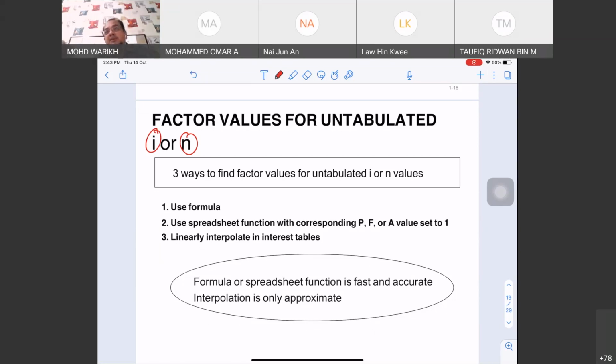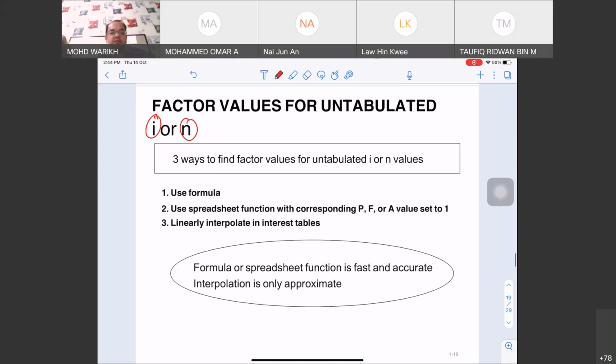If you have to find i, it's quite difficult because you have to look through every page of the tables. Sometimes i is a decimal number, maybe 8.25%. If you look for 8.25%, it does not exist in the tables, so you have to find something else. You have to refer back to the table to find it. But here it says you have to find untabulated i.